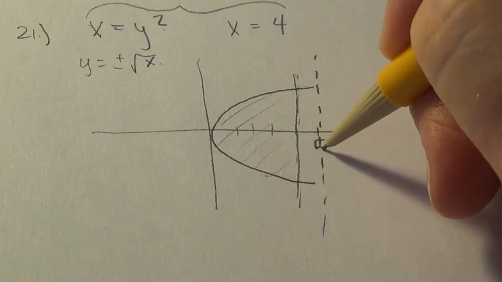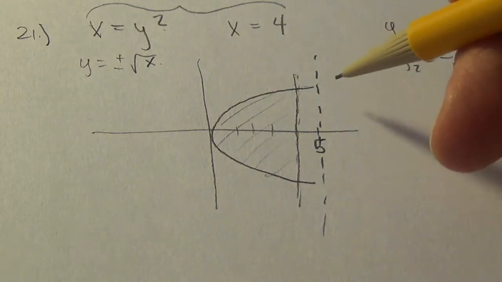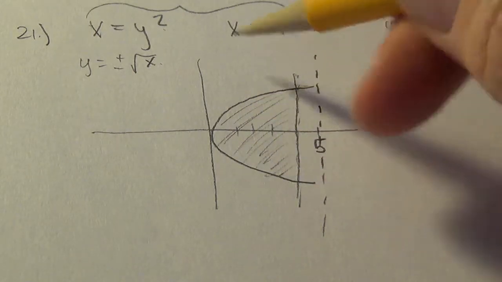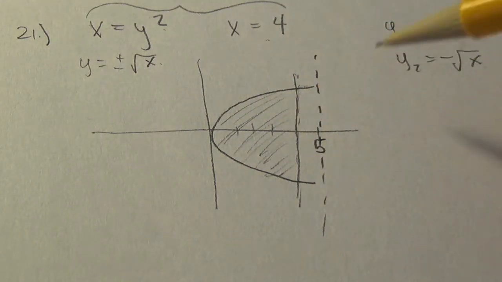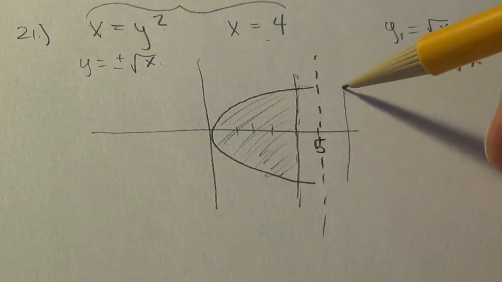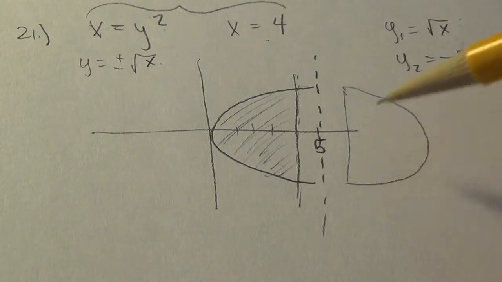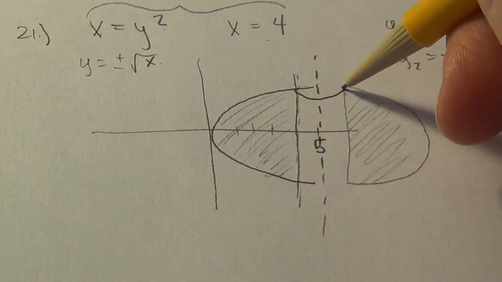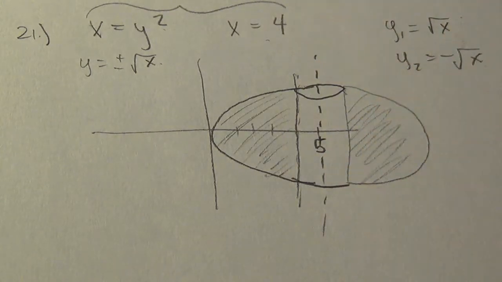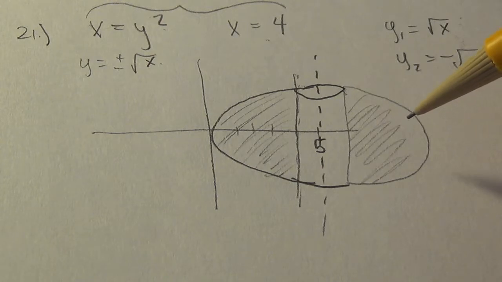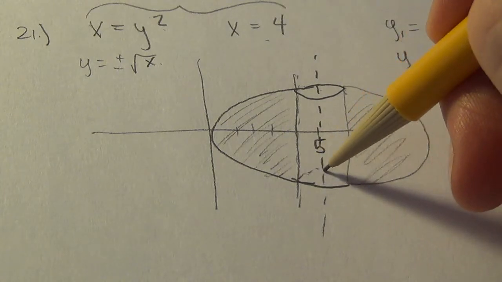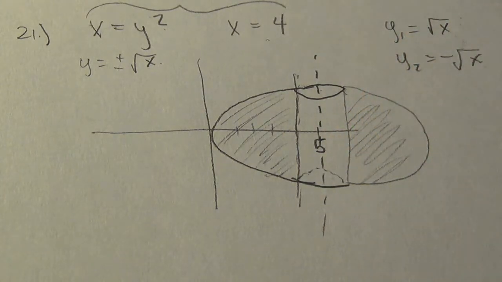So I'm revolving around 5, and this colored in area, enclosed by the graphs mentioned, is going to create its partner over here, a reflection, and it's going to create a three-dimensional shape, which is sort of a bowl, but it has a hole in the top and a hole in the bottom. I'm not sure what it is, but there it is.